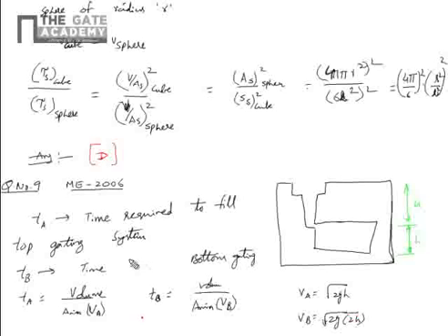If you take TA by TB, after simplifying, volume and A cancel, then VB by VA equals root 2 into root 2GH divided by root 2GH. I have taken that root out. Cancel. TA equals root 2 TB. Answer is C.